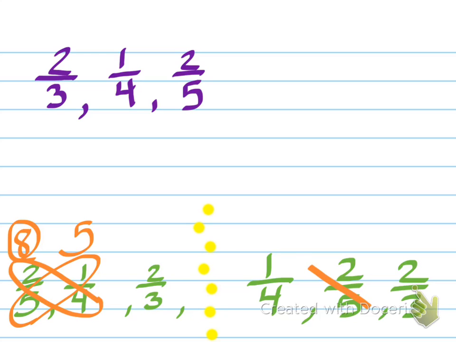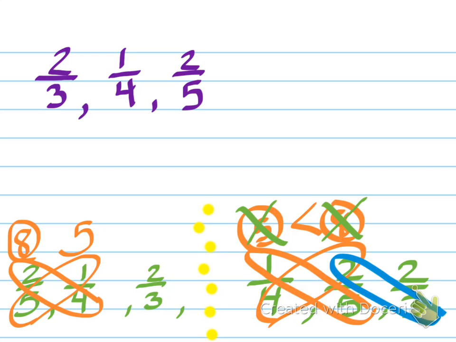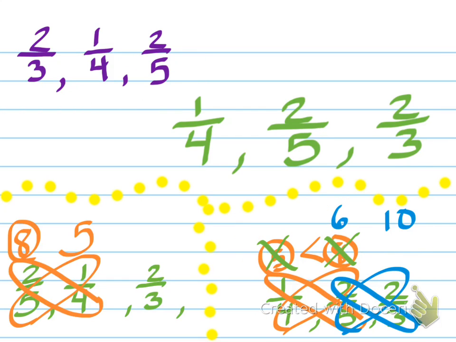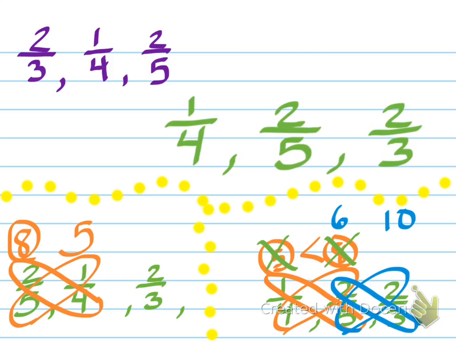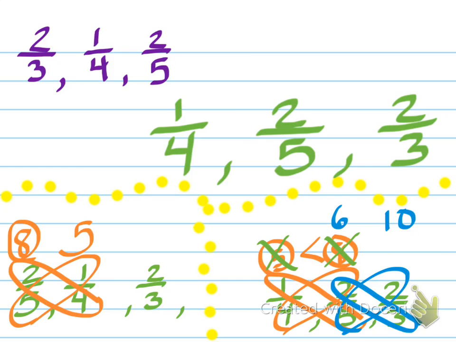Then we cross multiply, and we have 5 times 1 is 5, and 4 times 2 is 8. Yay, it's working. Then we keep cross multiplying: 3 times 2 is 6, and 5 times 2 is 10. So we have them in order from least to greatest. Our answer is 1/4, 2/5, and 2/3.